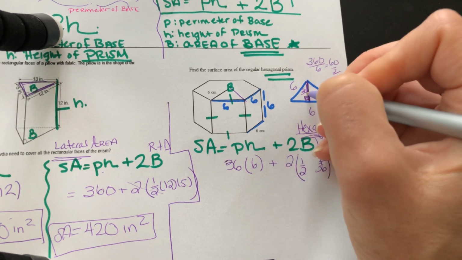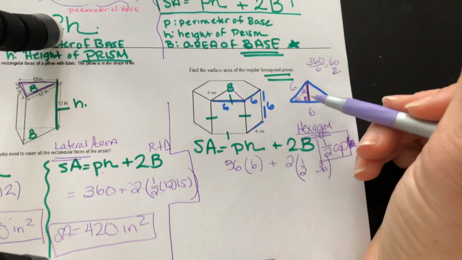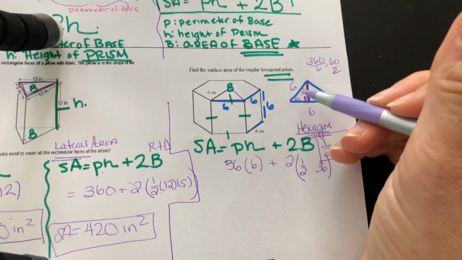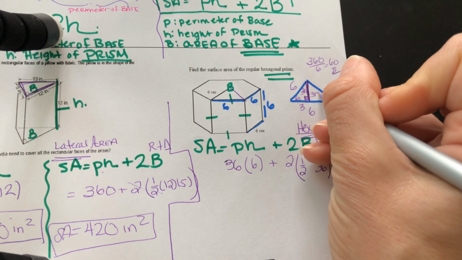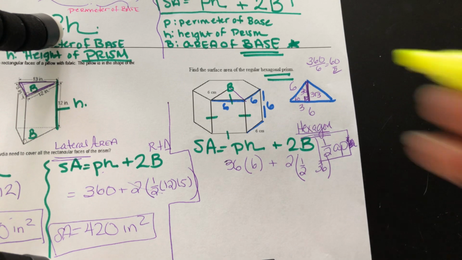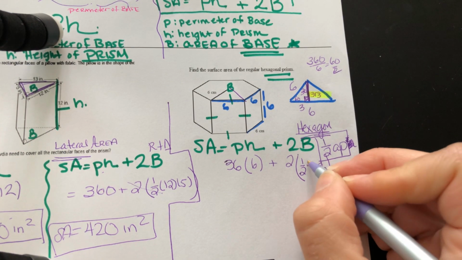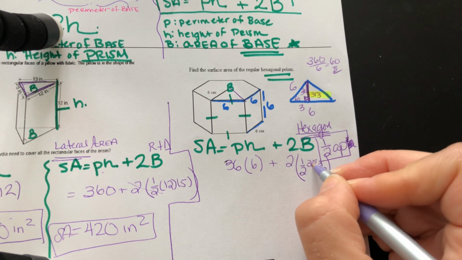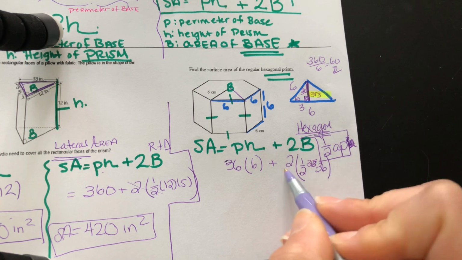So 60 is across from the 2, we all know this would be 3. So your apothem is 3 rad 3, and that is what we were looking to find. So 1/2 times 3 rad 3 times 36. 1/2 apothem perimeter. Please don't forget the formula for area of a polygon.